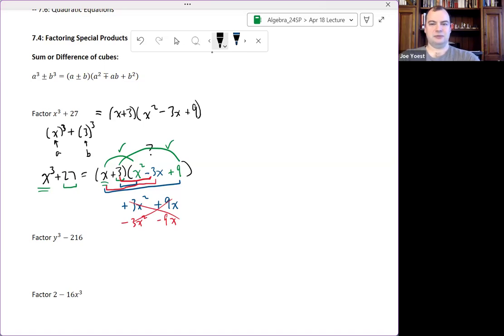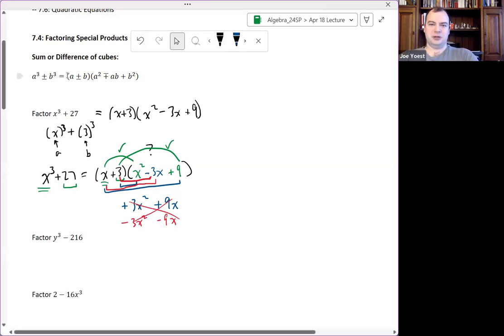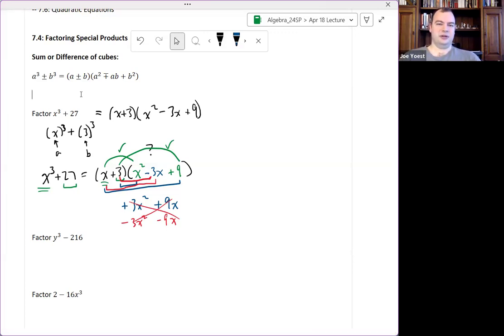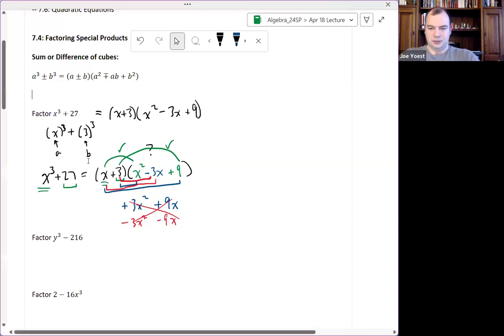We can build that up from basically first principles, as long as we know that for the sum of two cubes, the sum of the bases factors out, and for the difference of two cubes, the difference of the bases factors out. Or, if you'd rather do the rote memorization, just be careful with the signs, which terms always get a plus, and which term the minus sign switches to a positive, or the positive switches to a minus.